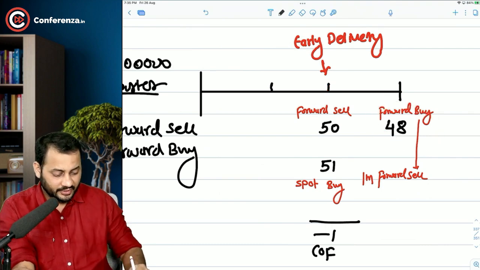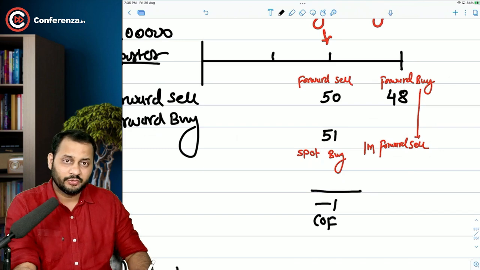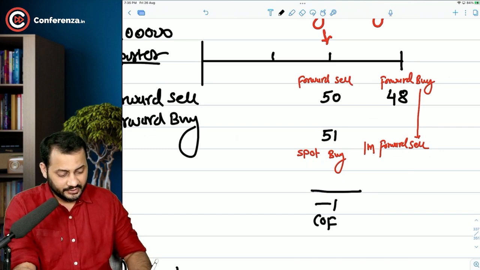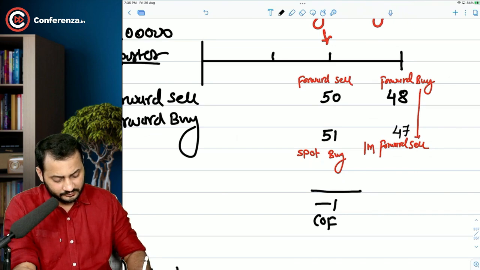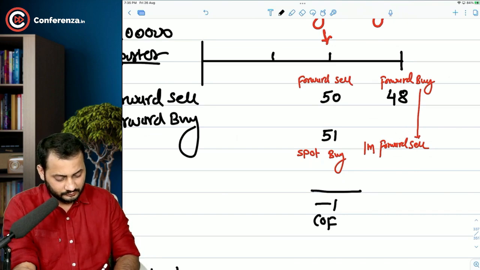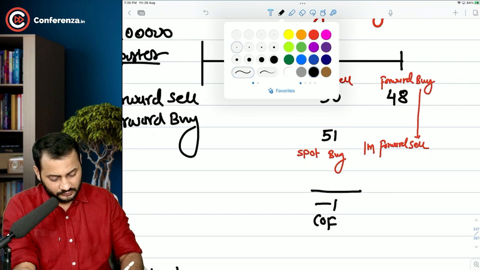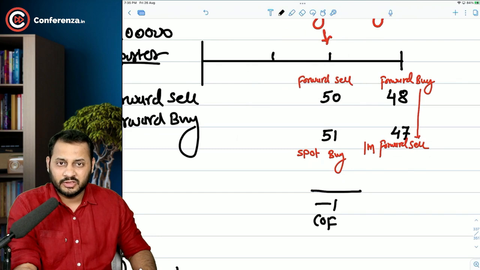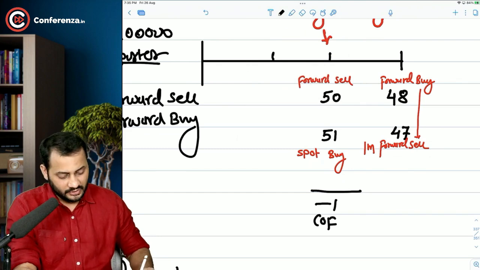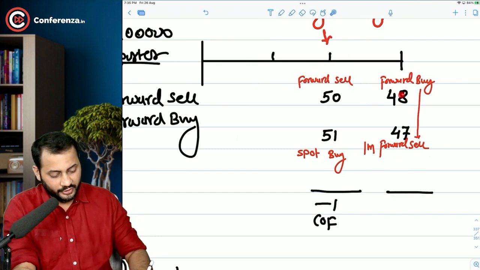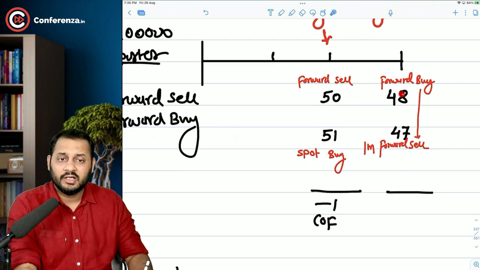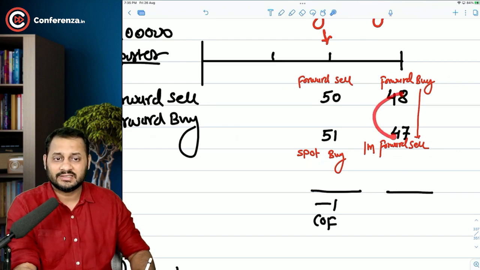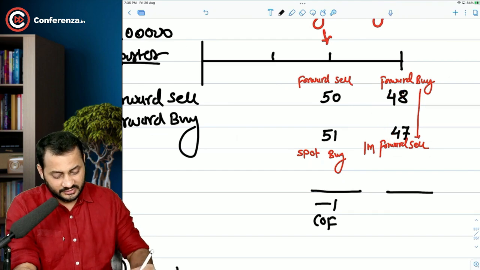So the rate at which the bank is going to sell, let's say it comes to 47. Bank has taken 1 month forward sell at 47. Now you can clearly see that on due date, bank will buy the dollar at 48 and sell the dollar at 47. There is another loss.